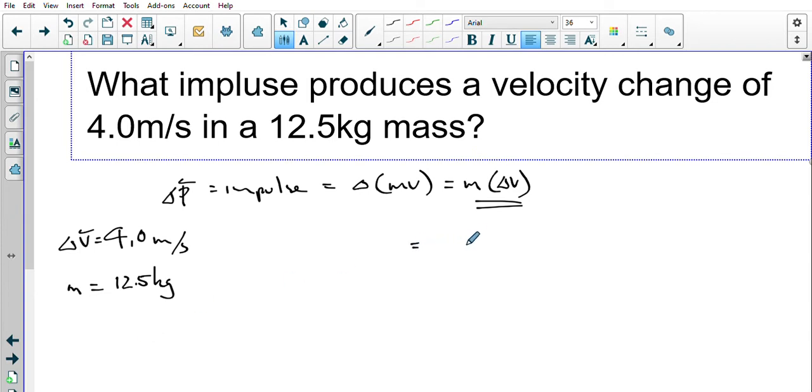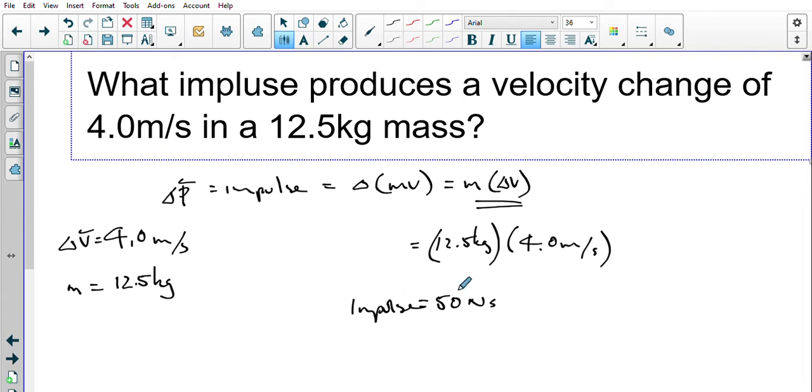Our impulse will be equal to our mass, 12.5 kilograms, times our change in velocity of 4 meters per second. 12.5 times 4 gives us a value of 50 newton seconds, and that's our impulse. That's just the way we keep track of things and use things.